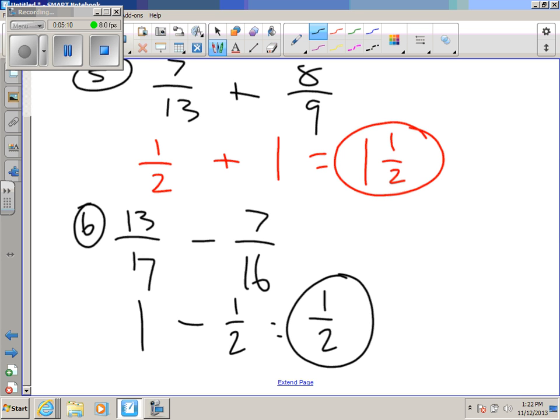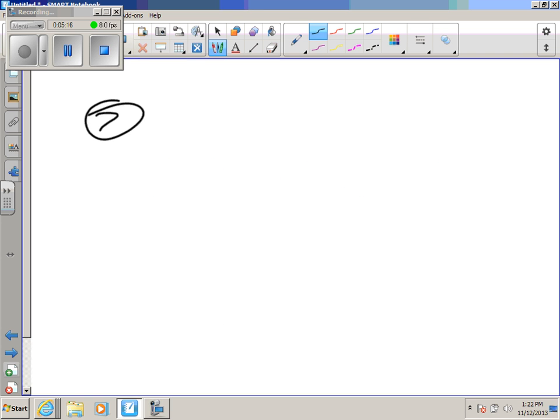The rules change a little bit for 7 and 8. Why do the rules change ever so slightly for 7 and 8? They're mixed numbers. So I no longer use the benchmarks 0, half, or 1. I simply round to the nearest whole.